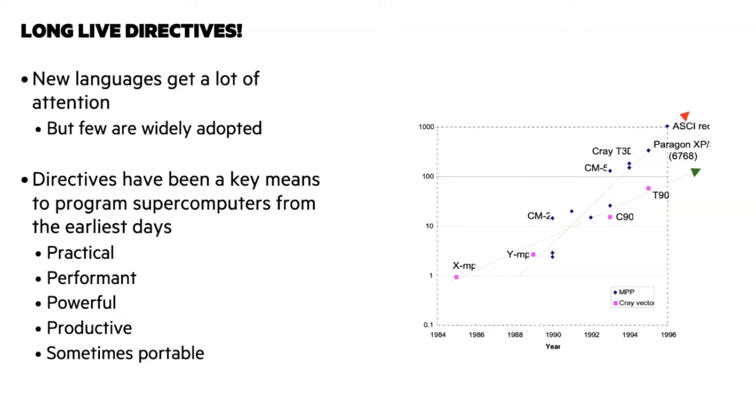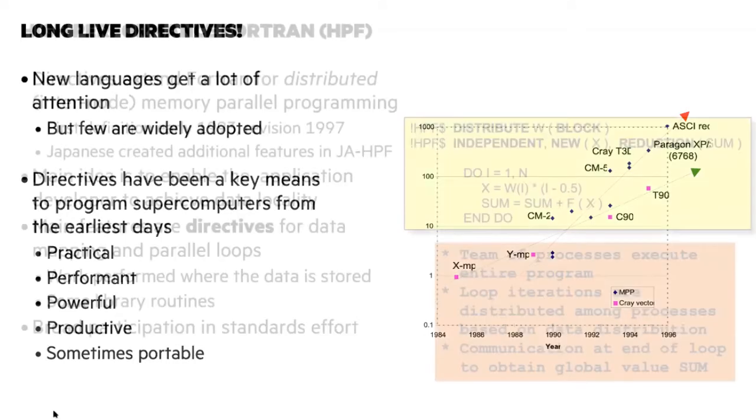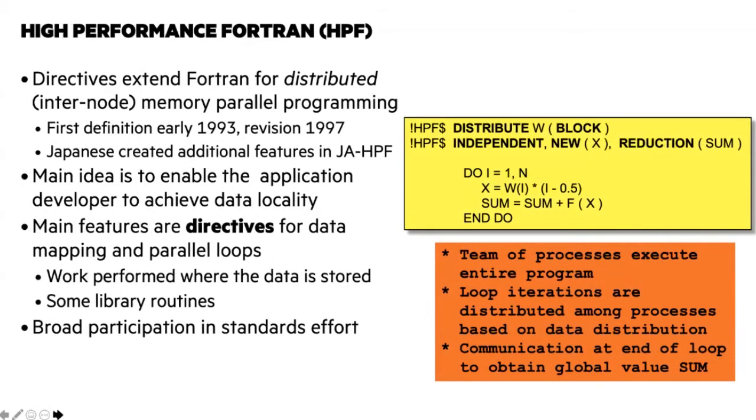So from there, it was a small step to imagine that as new generations of HPC hardware came out, directives should play a role there too. Sorry, lost my pointer.